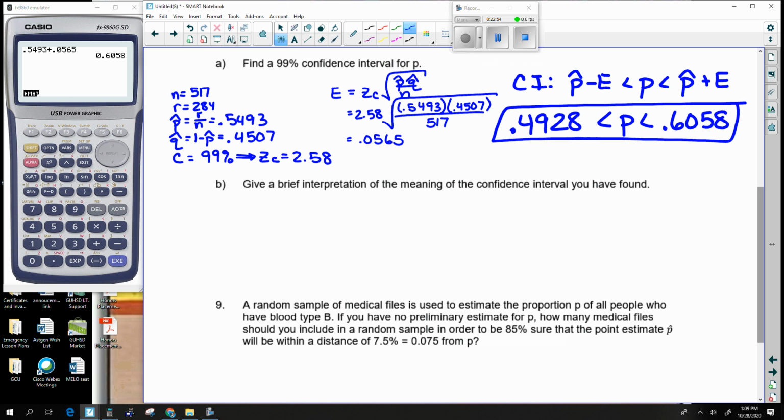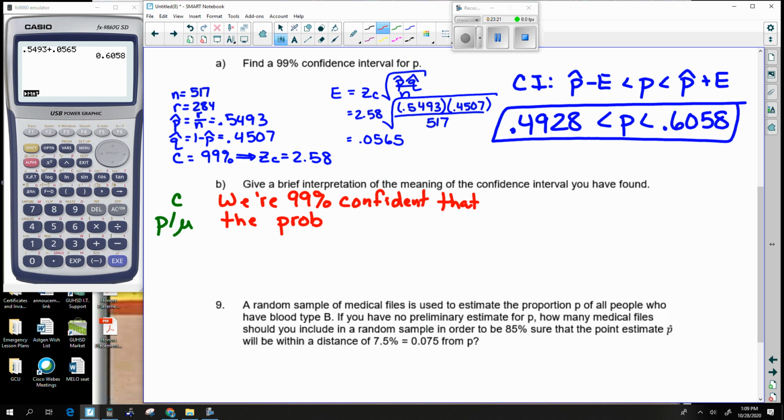Okay, give a brief interpretation. Begin with the confidence. Give the middle symbol. This is a P, so that's a probability. Otherwise, it'd be the word average.